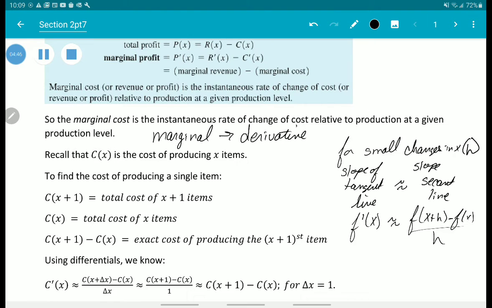I'll use delta x. That's the change in the x value. So for very small changes in delta x, the slope of the tangent line is approximately equal to the slope of the secant line, which means we can use derivatives, because that's what this is, to approximate that exact change.